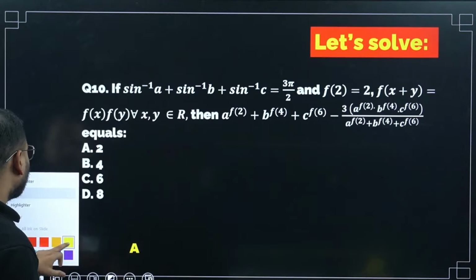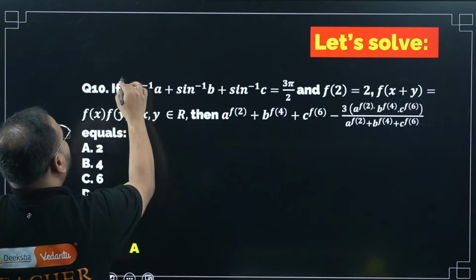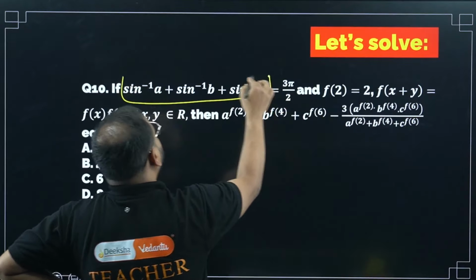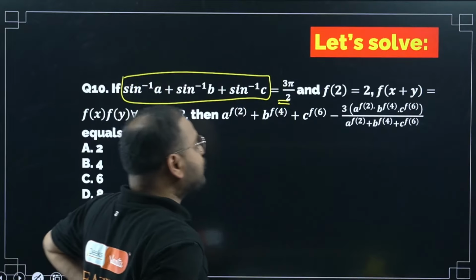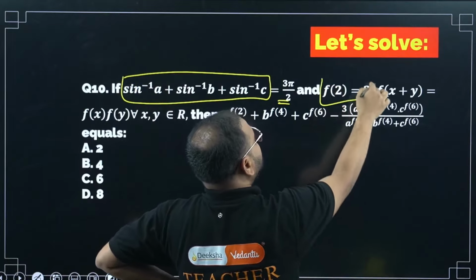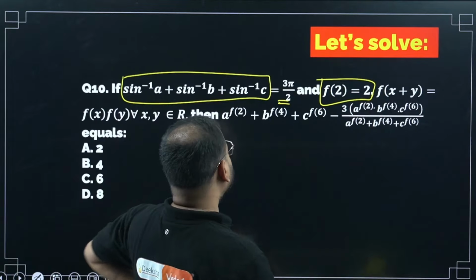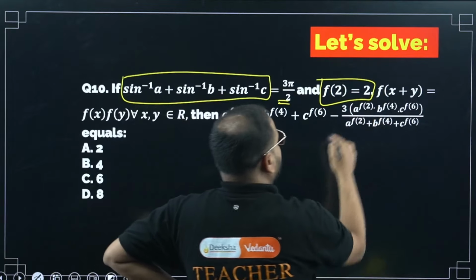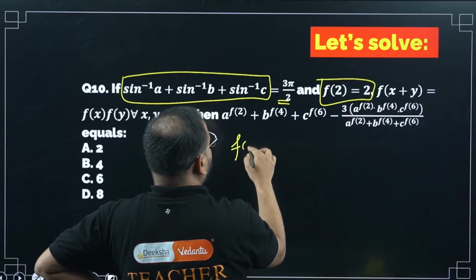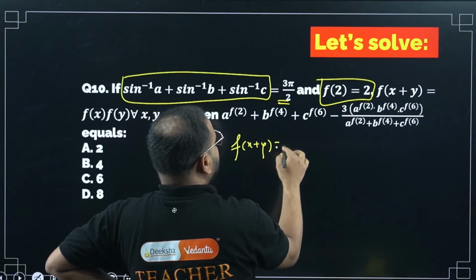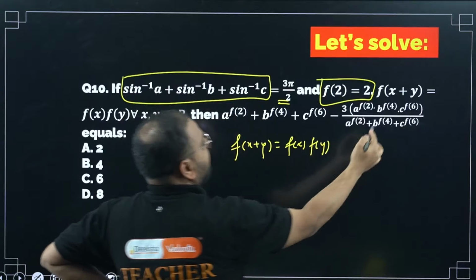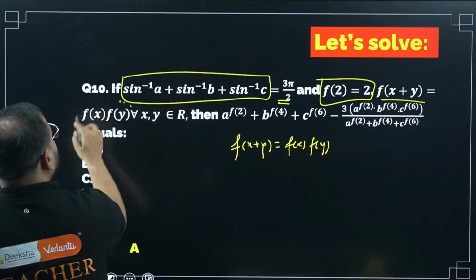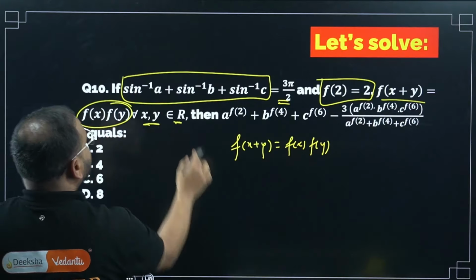Very good question. Sine inverse of A plus sine inverse of B plus sine inverse of C is given as 3 pi by 2. f of 2 is given as 2. And they have also said that f of x plus y is equal to f(x) into f(y) for all x, y belonging to real numbers.